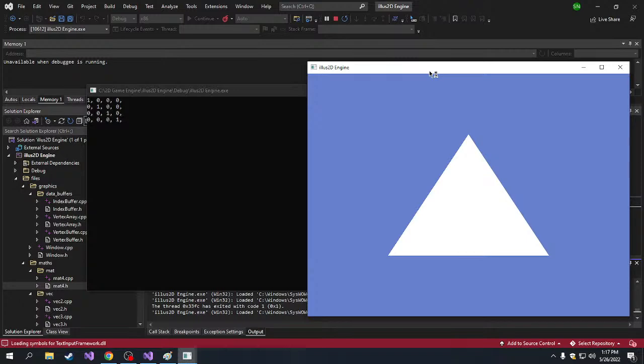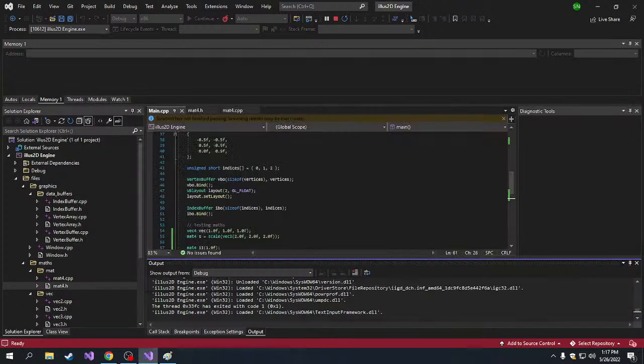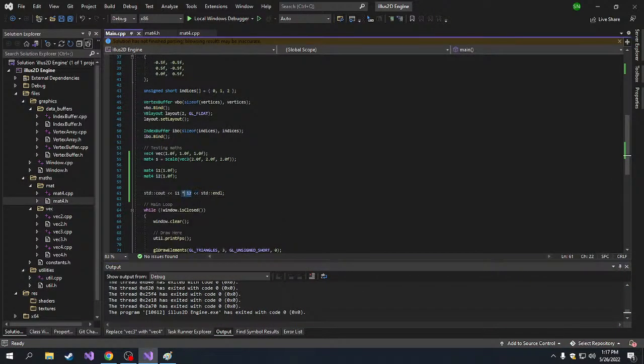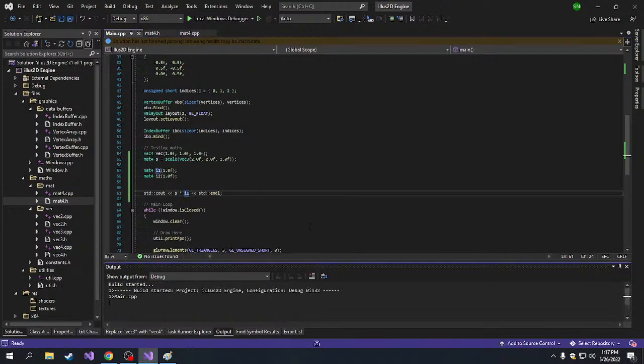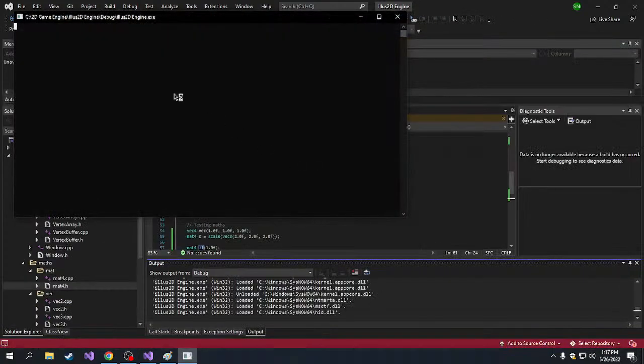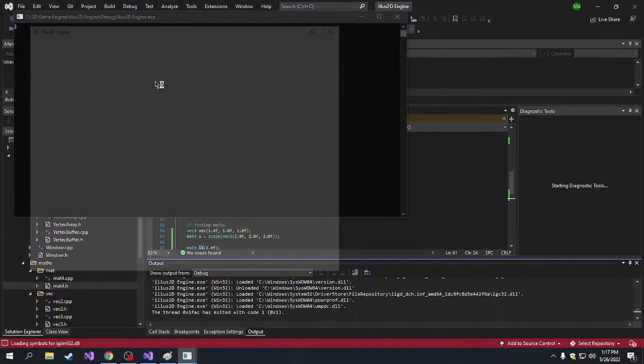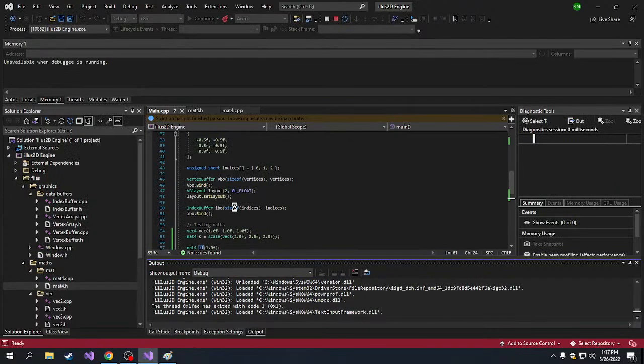Cool, so we get that. Let's multiply this with our scaling matrix. If we multiply I1 with the S matrix, we should hopefully get our scaling matrix. We shouldn't get anything different from that. And we do. Awesome, so we do get the same matrix.